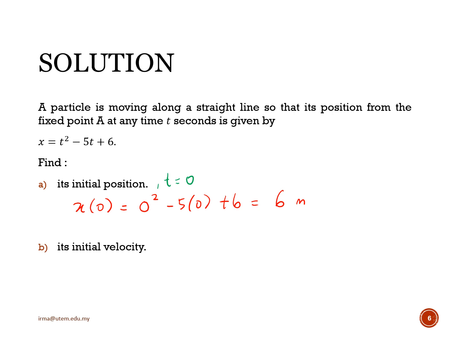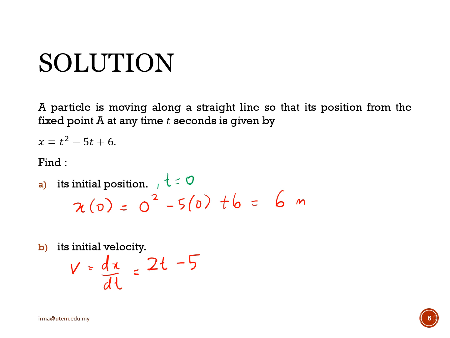Next, find its initial velocity. We know that v is equal to dx over dt, which means that you need to differentiate x with respect to t. So you have 2t minus 5. So v equal to 2t minus 5.